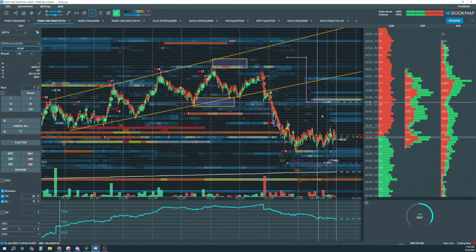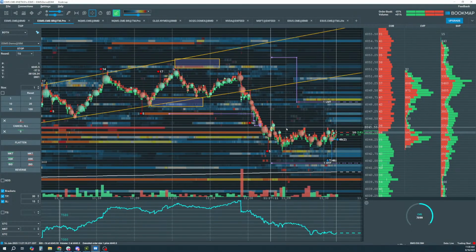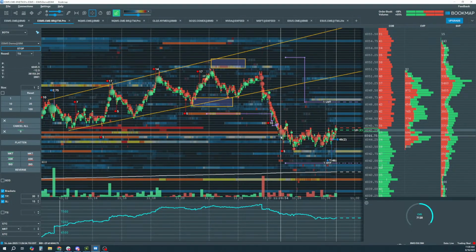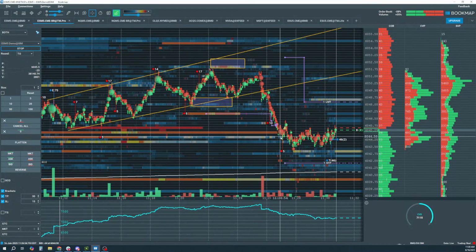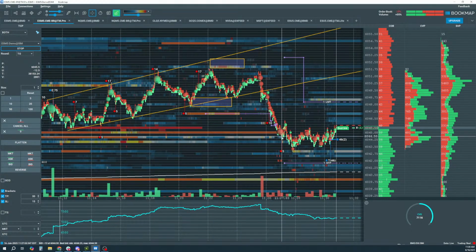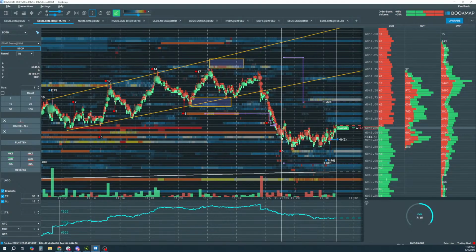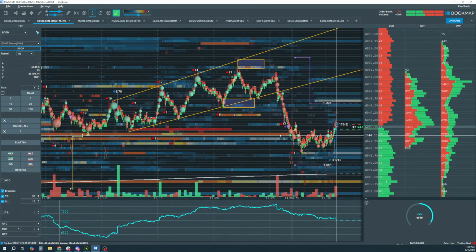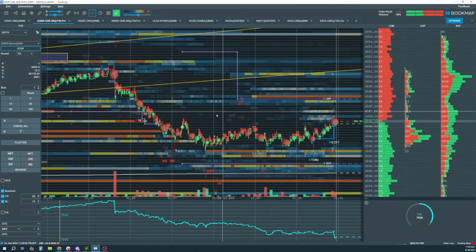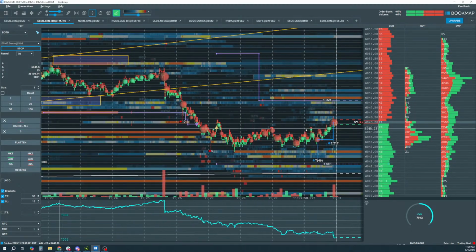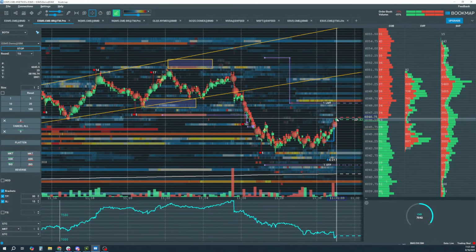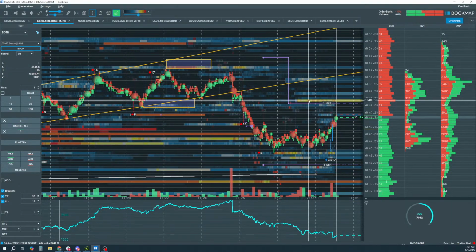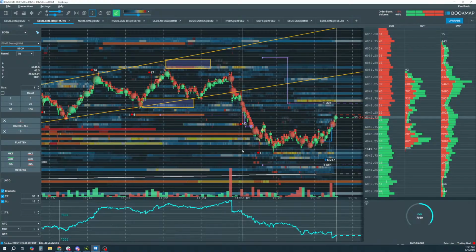Just back up into the range. So just back up to this swing now, and sellers. See if we can get a little bit of a squeeze going here, back up into our 48.5 liquidity there.